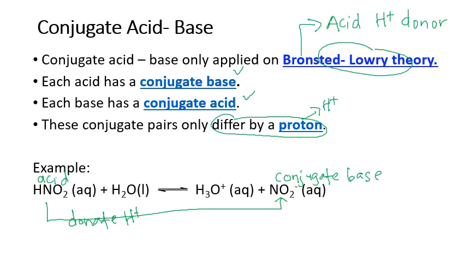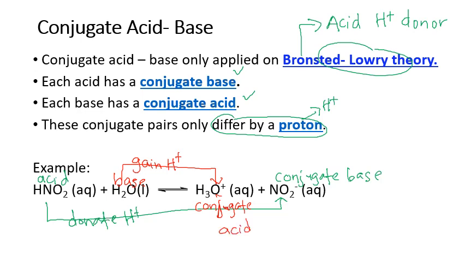If we pair H2O with H3O+, we notice that H2O gains H+. So H2O is the base, while H3O+ will be the conjugate acid.